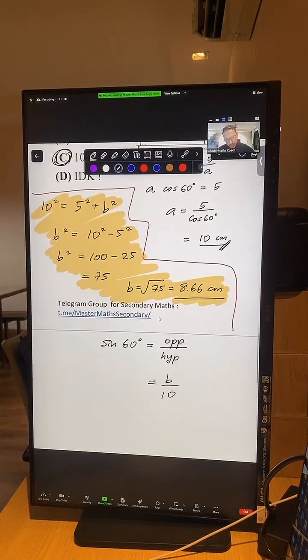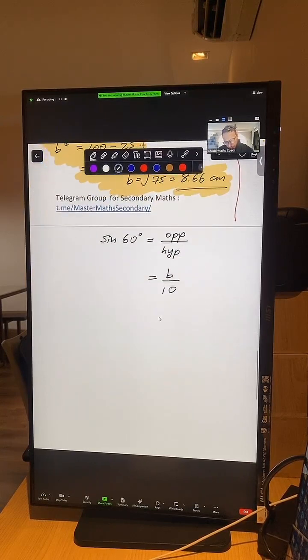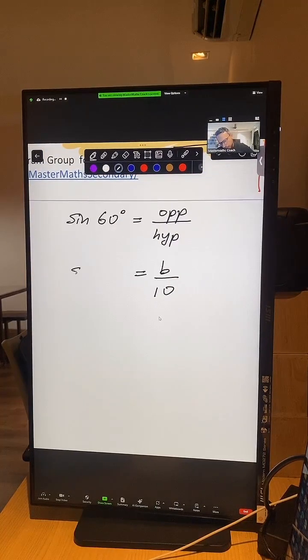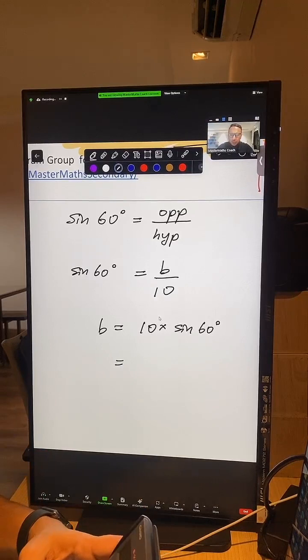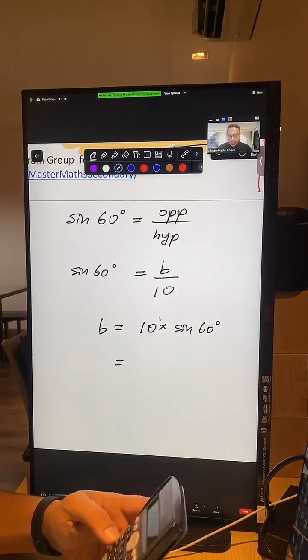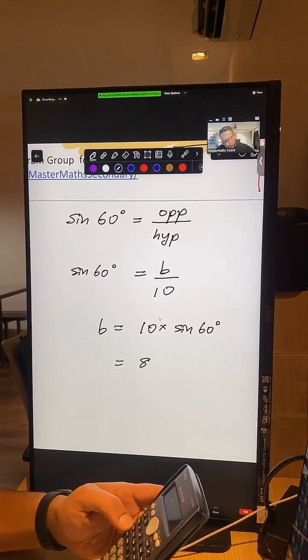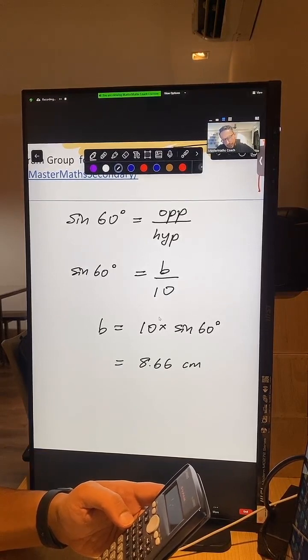We have found that it is 10, right? So B is 10 times sine 60 degrees. Take out your calculator, make sure it is in degree mode. 10 times sin 60 will also give me 8.66 cm.